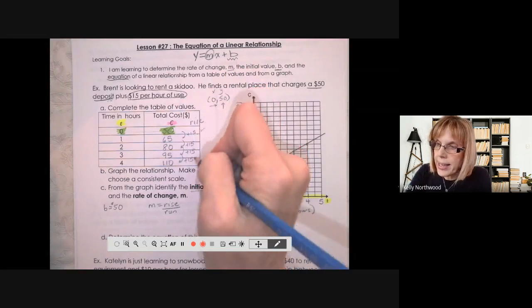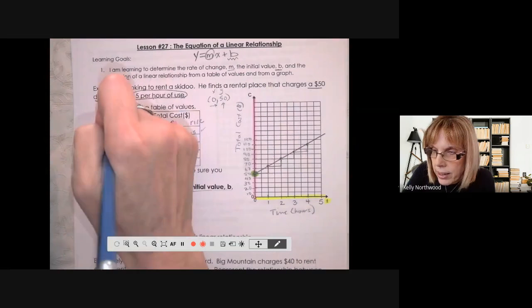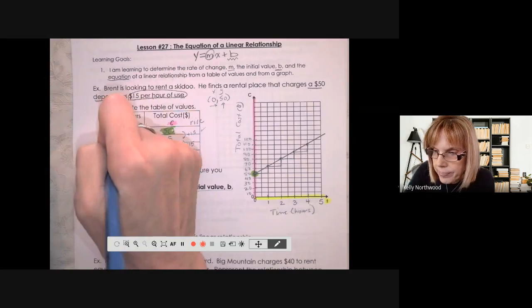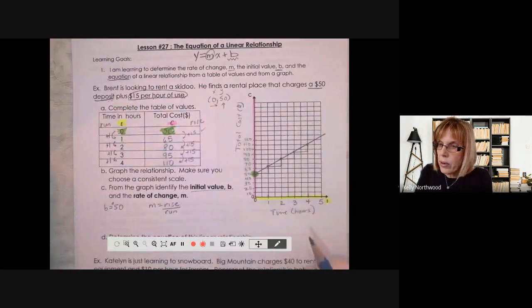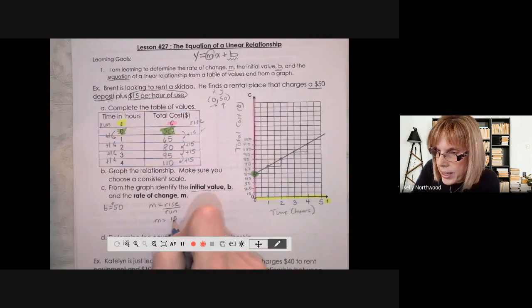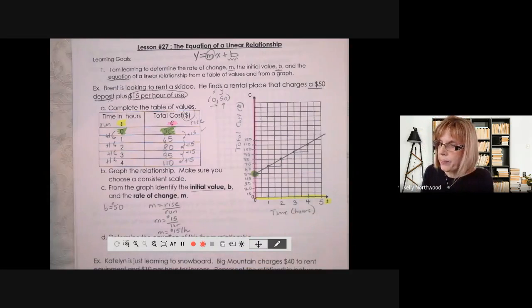It's always the second column differences. And the run is always the first column differences. So if we did it from the table, we would get $15 over 1 hour, which is $15 per hour.